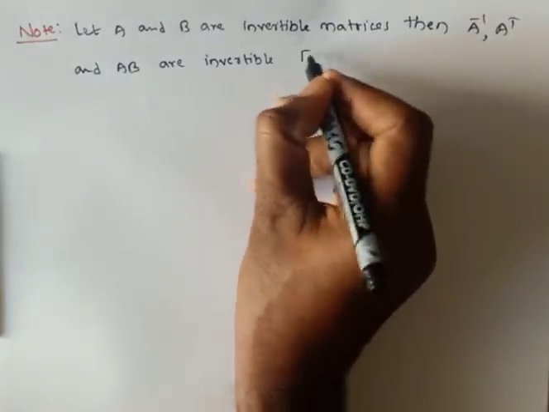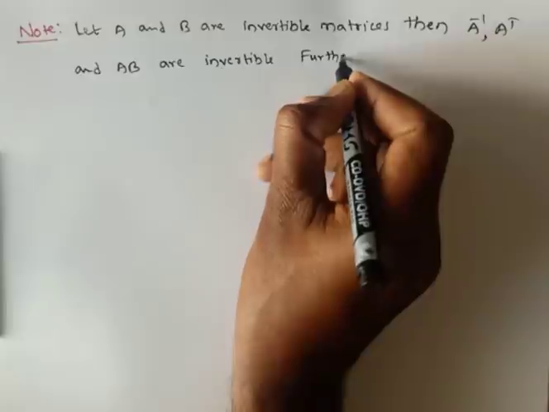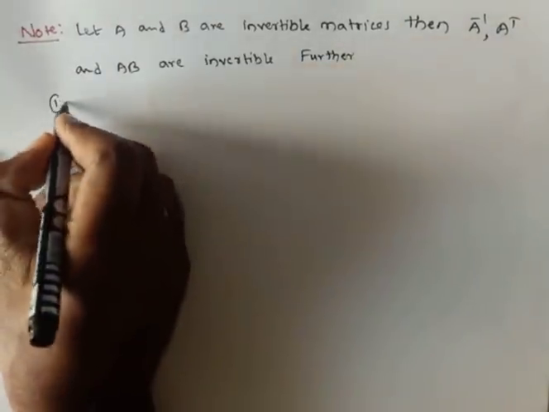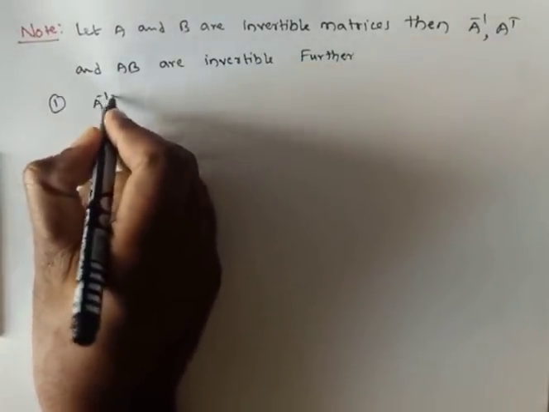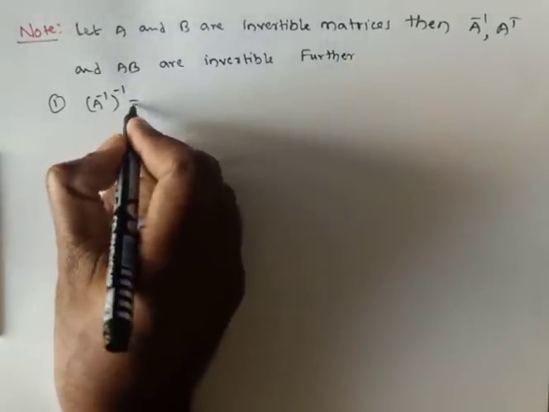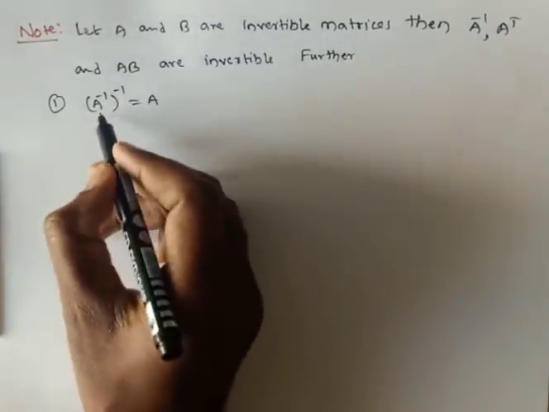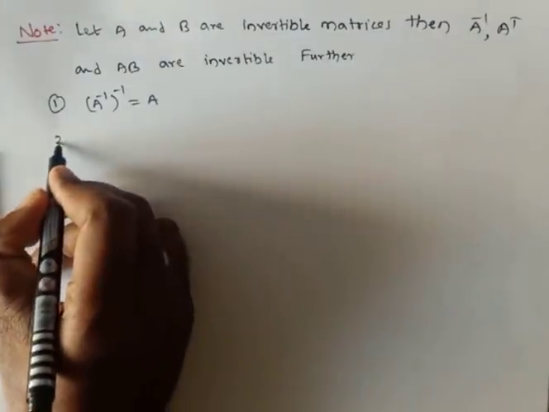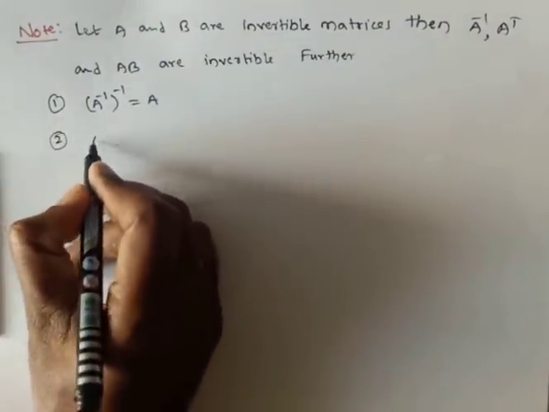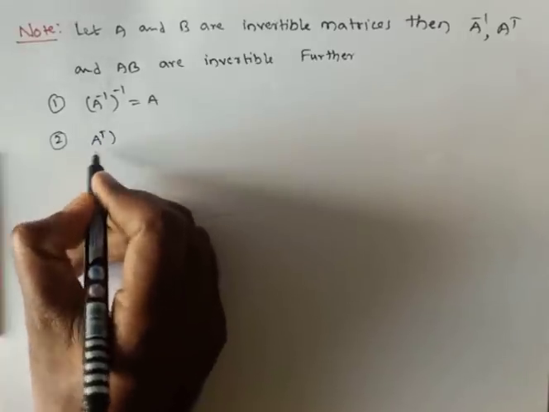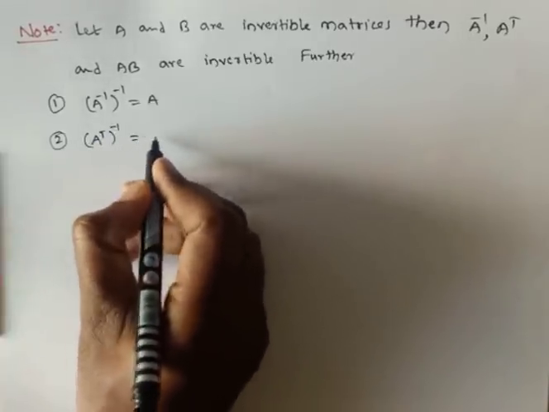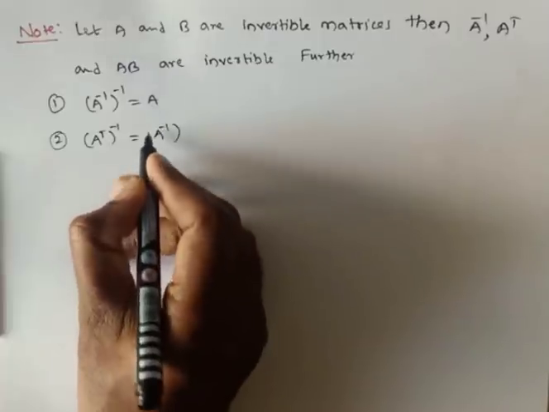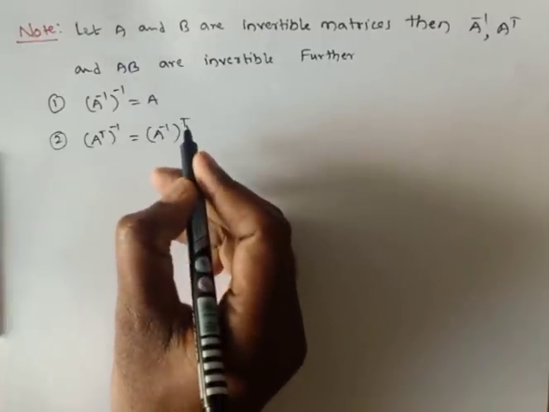So further we can observe some results. Number 1, the inverse of an inverse matrix is itself: A inverse whole inverse is A. And we can observe one more, that is A transpose whole inverse is A inverse whole transpose.